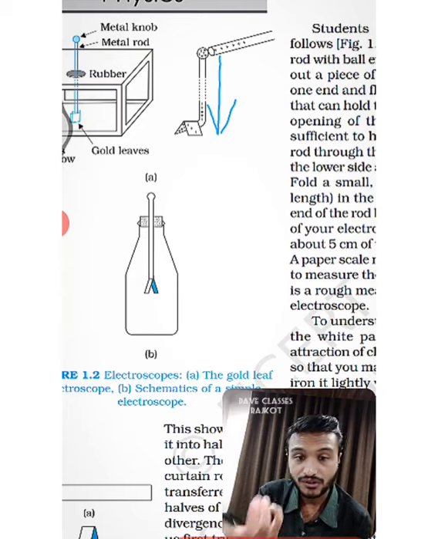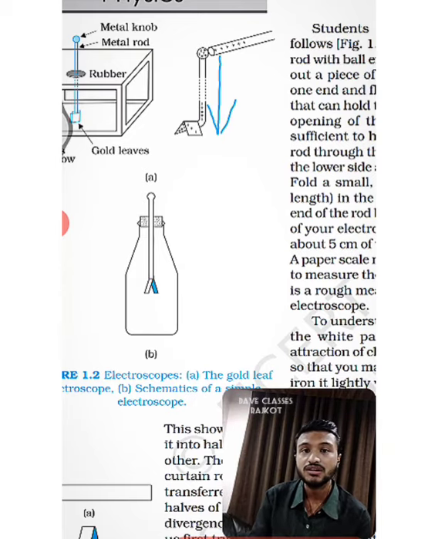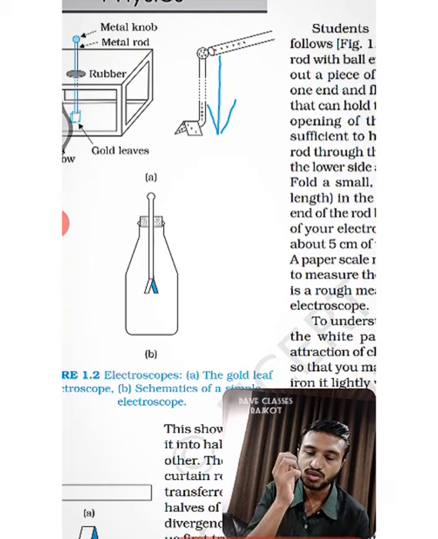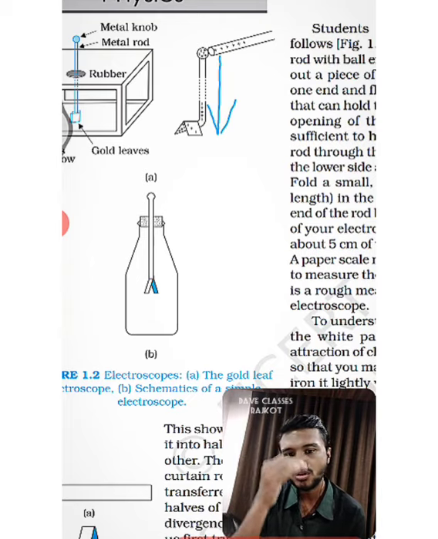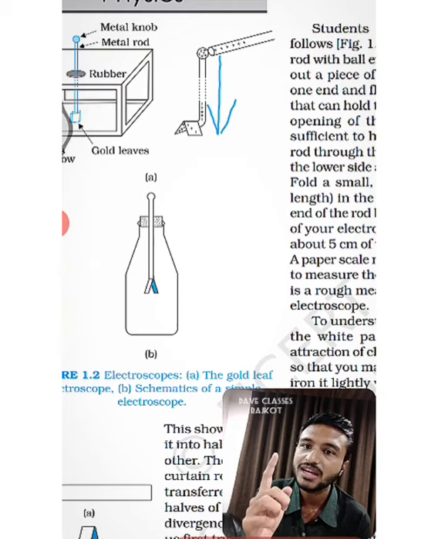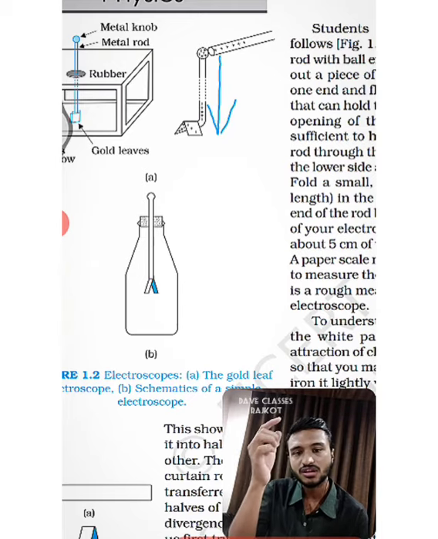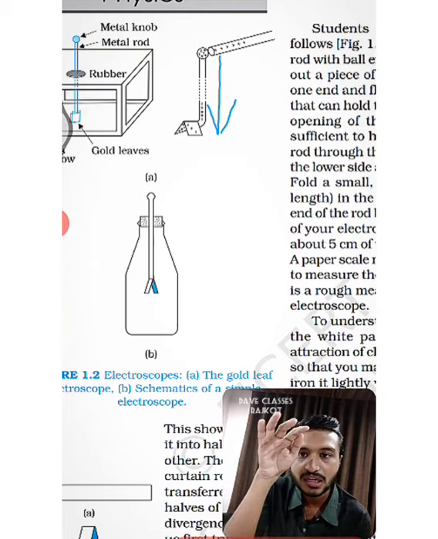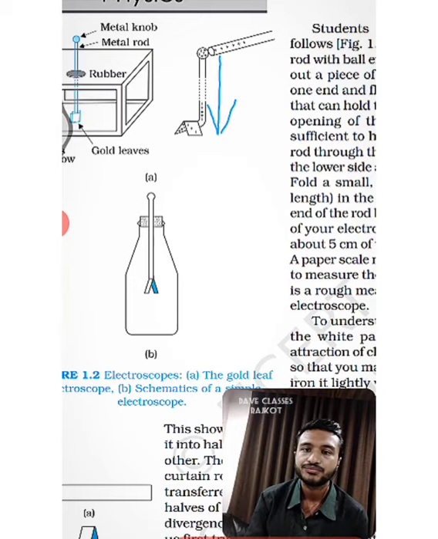Why will it transfer? There is a tendency of any metal to transfer the charge from one point to another point. So that's why the metal knob will transfer the charges to the metal rod.